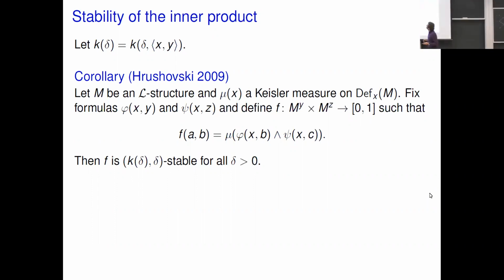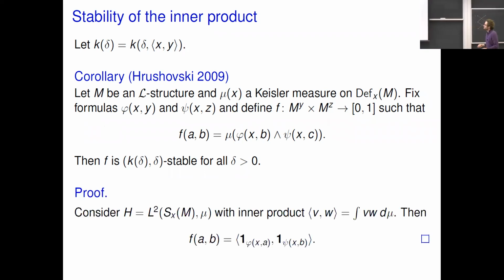Two parameters give me two instances of the formula. I take their conjunction, I measure it, and that's the output of the function. This is now k of delta, delta-stable for all delta greater than 0, where once again, the point is that this k of delta depends only on delta. It does not depend on anything else.